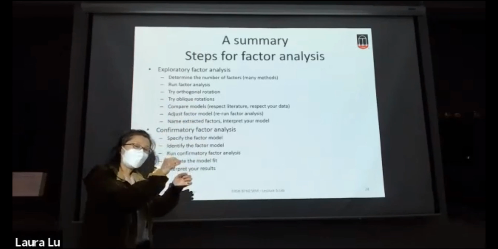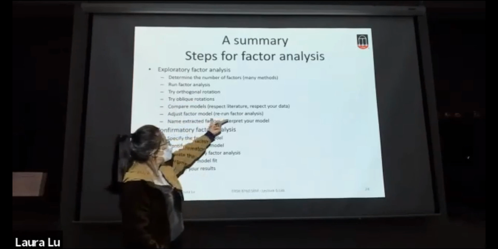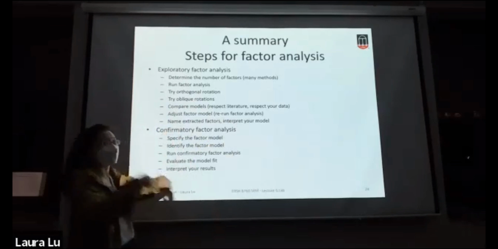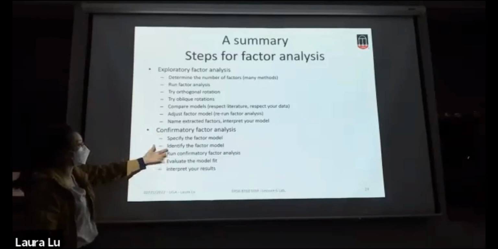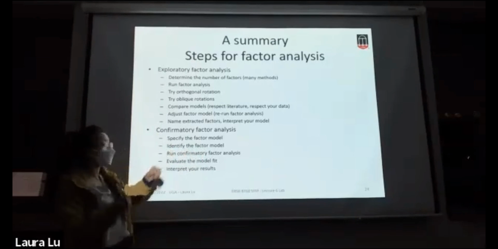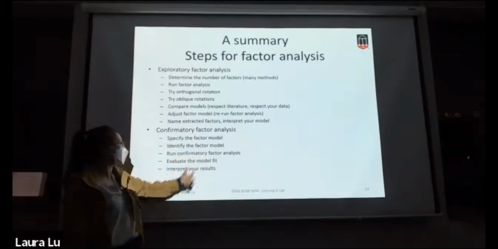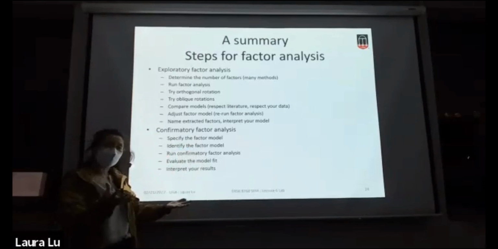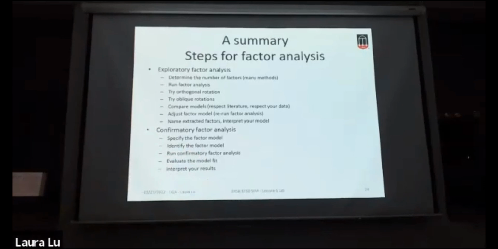Sometimes you delete some items and rerun your model. Rerun factor analysis, and give names to your latent factors. That's for EFA. For CFA, you specify a model, identify the model, run CFA, evaluate your model fit, is it good or not, and then do the interpretation. Those are the steps for EFA and CFA.